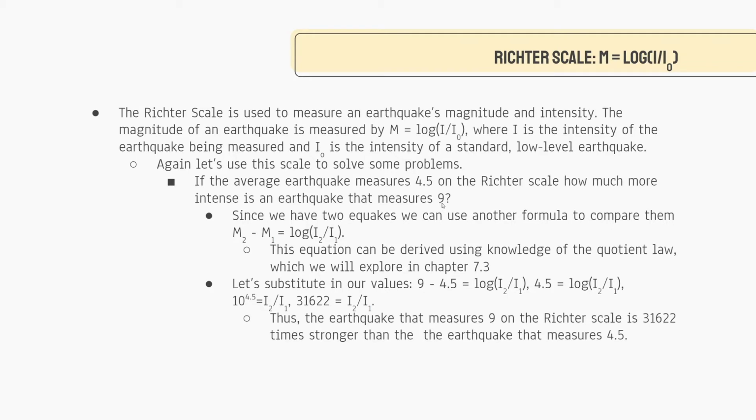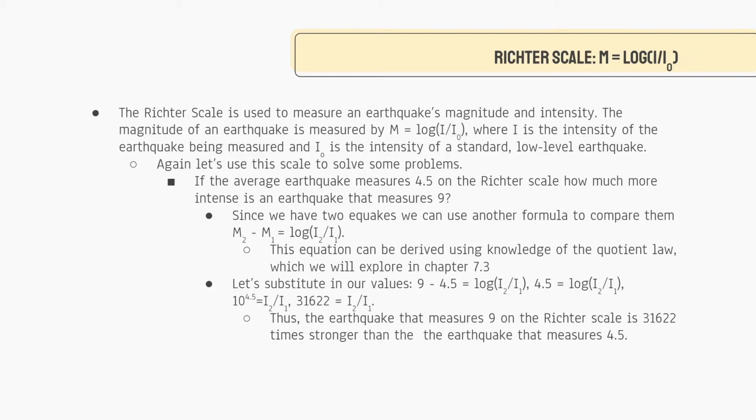So there's two ways to do this. First of all, you would substitute 4.5 into an equation like this, then 9, and then you subtract one from another and solve. However, when you do that, you have to deal with log of one value minus log of another value, and those we haven't learned yet.